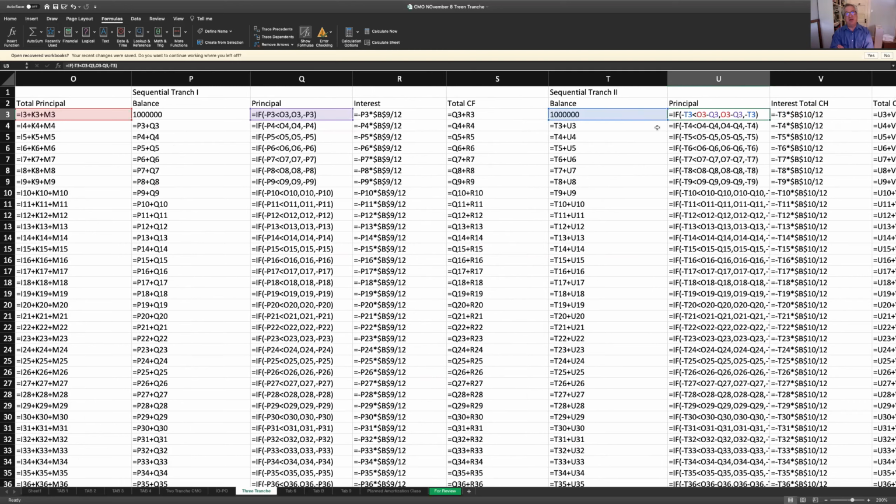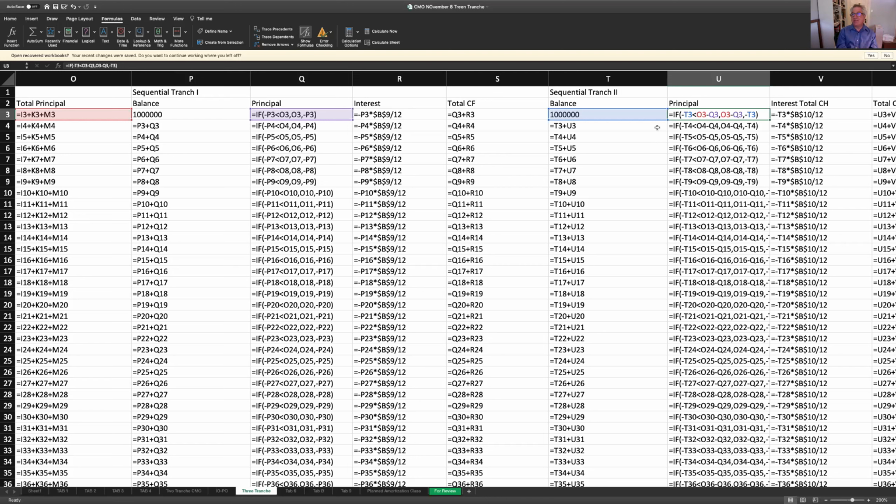But if what I'm owed is less than that, I'm just going to take what I am owed. Okay, very similar idea, only now instead of just looking at the first tranche, I'm going to look at the total balance, at what's due to me, and at what's coming to me after I take into consideration that first tranche.